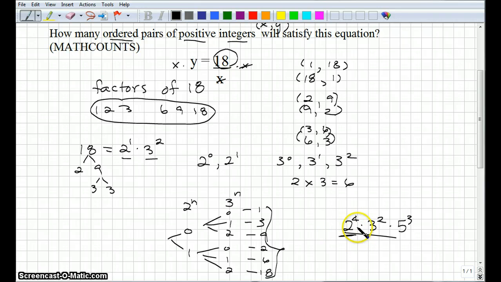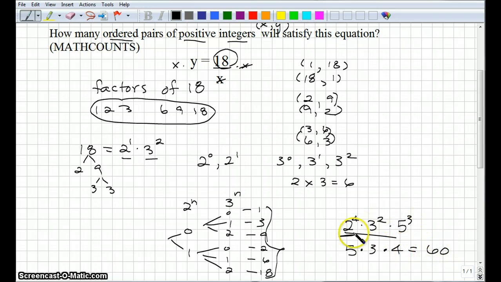It could be 0, 1, 2, 3, or 4. We'd have 3 choices for the exponent on 3: 0, 1, and 2. And we would have 4 choices for the exponent on 5, which would be 0, 1, 2, or 3. So 5 times 4 is 20, times 3 is 60.